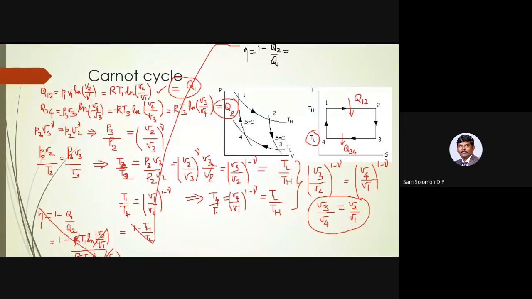So if you substitute the values, you will get 1 minus RT3 ln of V3 by V4, whole divided by RT1 ln of V2 by V1.